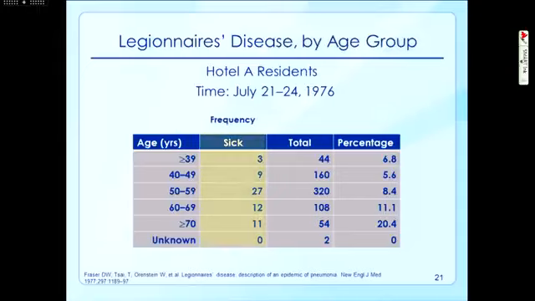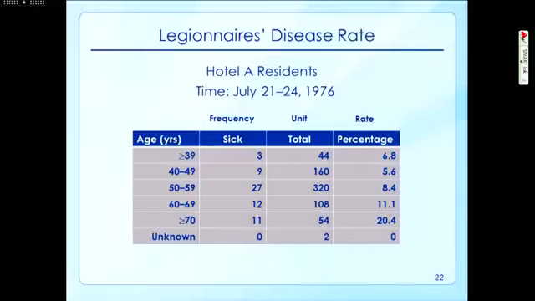In the first column, you have the disease frequency, or the number of conventioneers that became sick by age group. In the second column, you have the size of the population, or the total number of conventioneers in each age group. And the third element, indicated by the arrow, is the time period that you are looking at to calculate this rate.